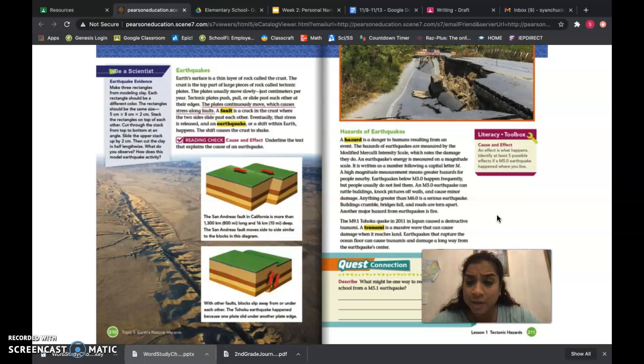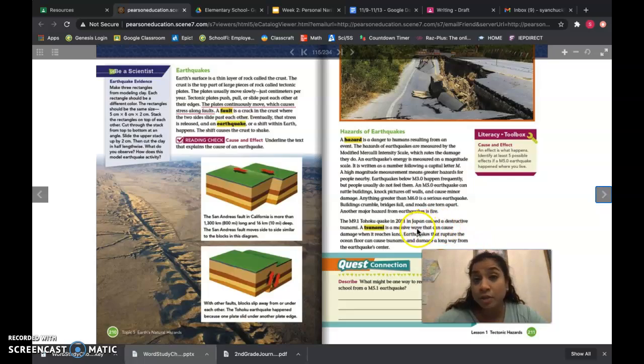Another major hazard from earthquakes is fire. The M 9.1 Tohoku earthquake in 2011 in Japan caused a destructive tsunami. A tsunami is a massive wave that can cause damage when it reaches land. Earthquakes that rupture the ocean floor can cause tsunamis and damage a long way from the earthquake's center.